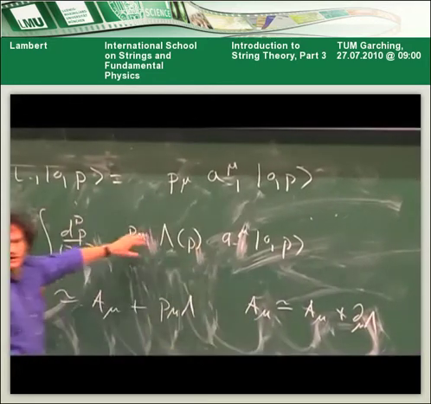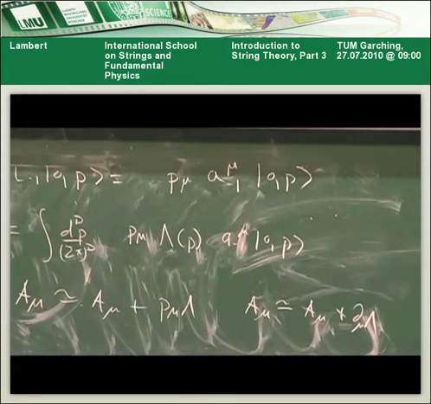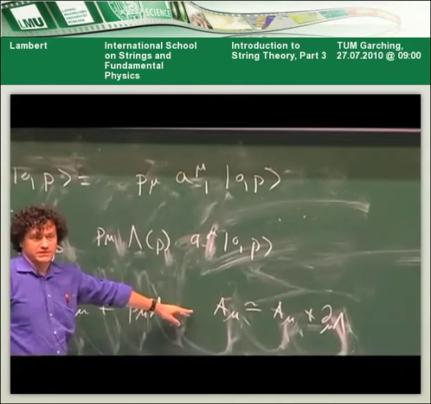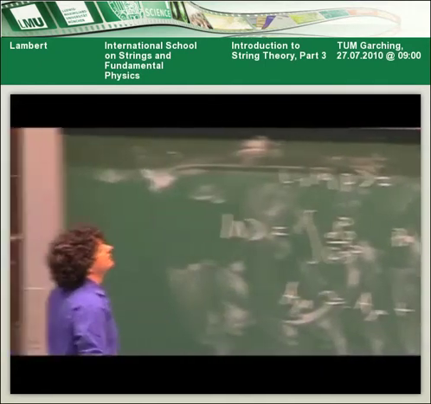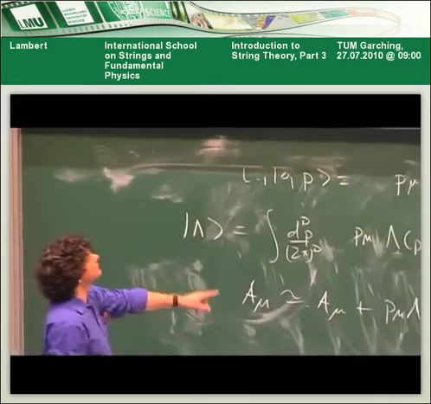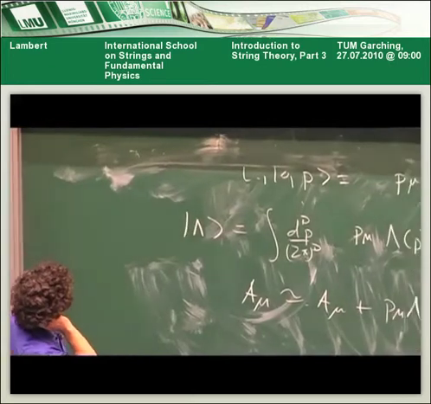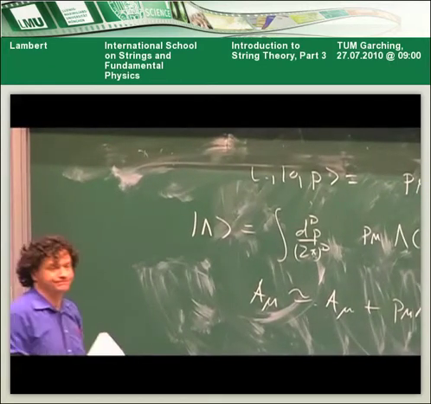I've dropped some factors of alpha prime and things in here, but you see the point, right? So these null states are generating for you a gauge symmetry. And of course, the fact that lambda is at zero momentum, at p squared equals 0, it preserves the Lorentz gauge.